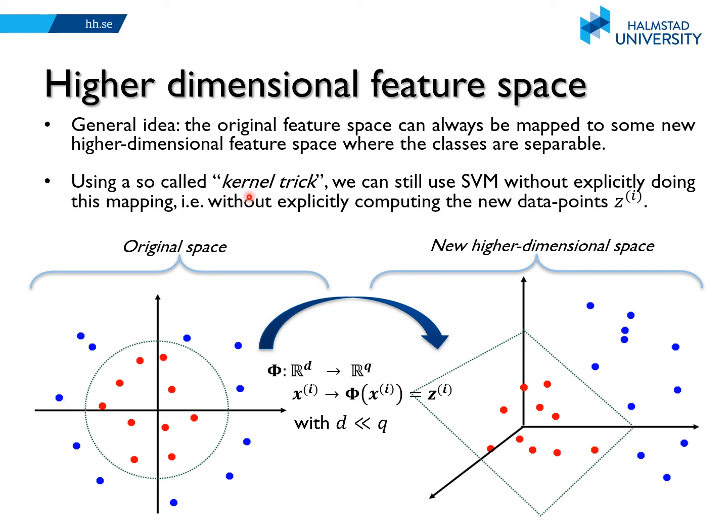And this kernel trick allows us to compute the dot product between two vectors or two data points in the higher dimensional space, but without explicitly mapping our data to this higher dimensional space. We can do that directly using the kernel function in our original feature space.